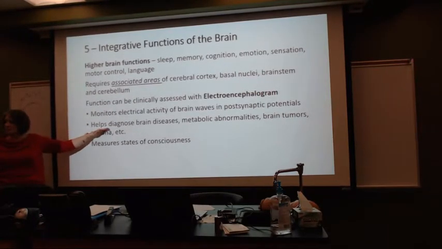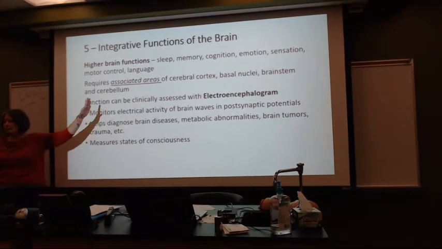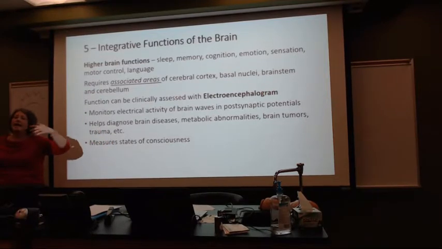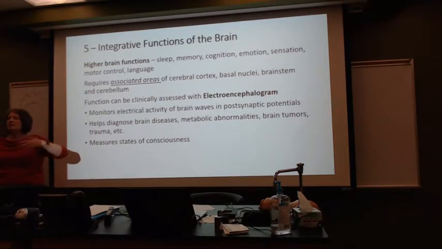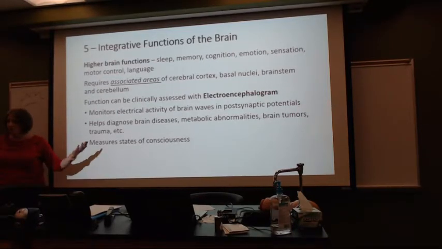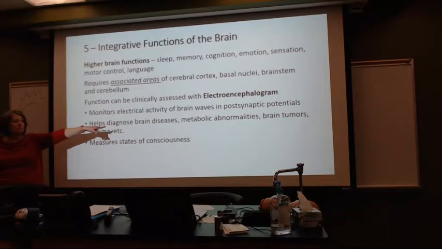It helps these neurologists diagnose certain brain diseases, lots of things now. The actual EEG itself has increased in its ability to pick up stuff over the past probably 20 years. It's increased greatly. It can actually detect metabolic abnormalities.